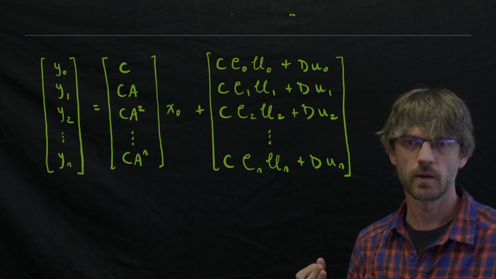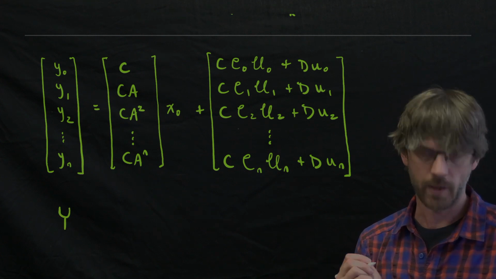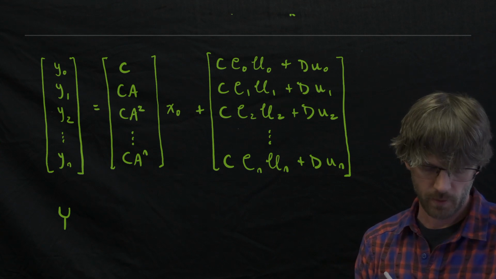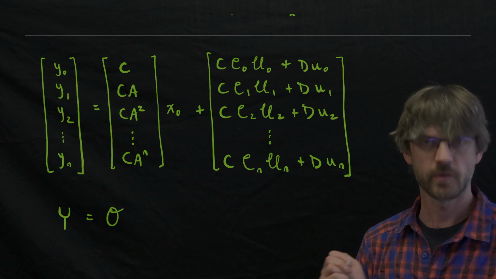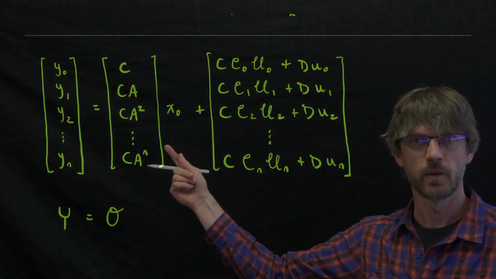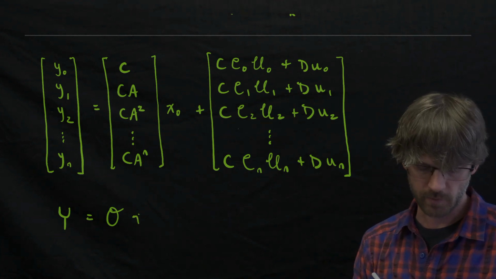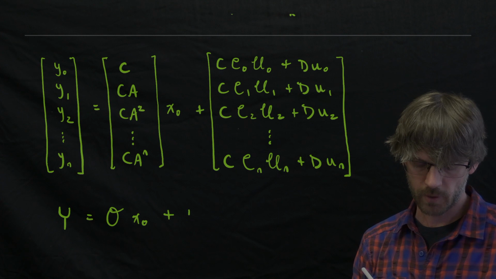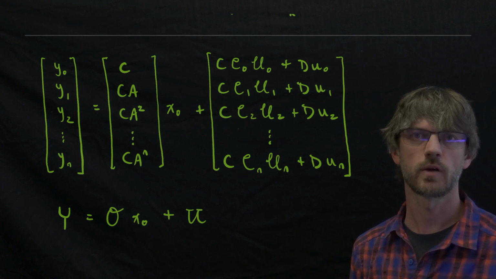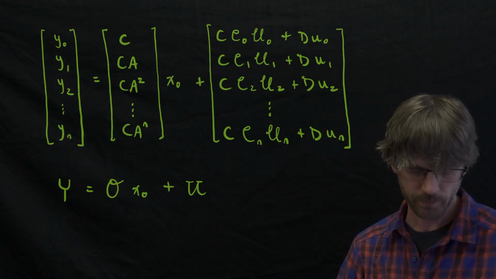To see how you do that, let's simplify this equation a little bit and rewrite it as Y, where I'm using that capital Y to indicate that it collects all of the measurements, is equal to, this turns out right here is the observability matrix, the C, CA, CA squared, and so forth. That's what we were after, times x0, plus, and I'm going to call this other big thing here a capital U to indicate that it is constructed from control inputs and things related to the control.